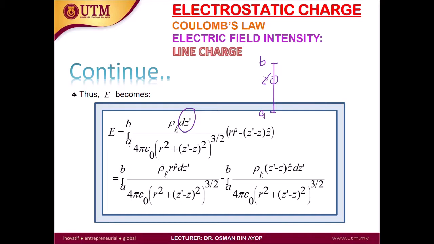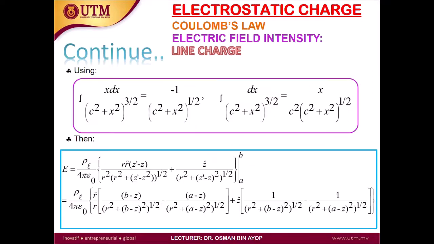And then you can separate into two components, which is the r component and then the z component. And then this is an integration identity that will be given to you.